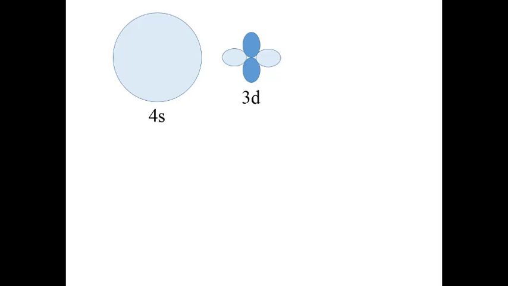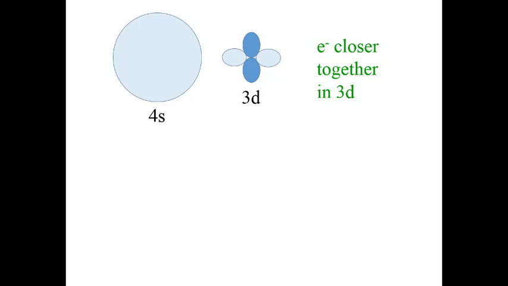We'll show here one of the 5 3d orbitals. On average, the electrons in 4s will be farther from the nucleus, but also farther from each other. If all 3 valence electrons in scandium are in the 3d sublevel, they are much closer together. And the positive energy from like charges interacting is more significant.